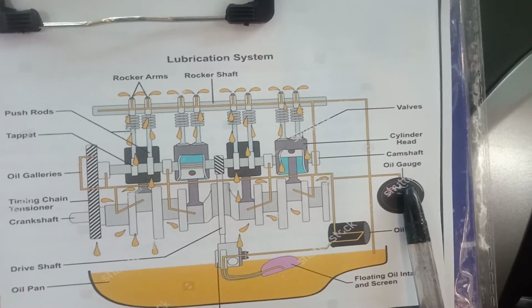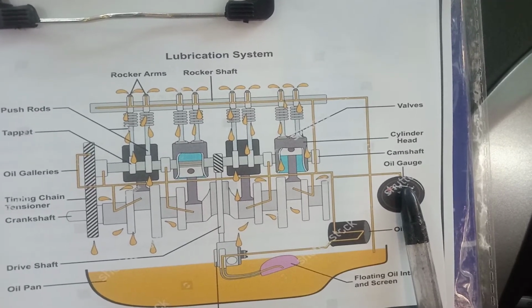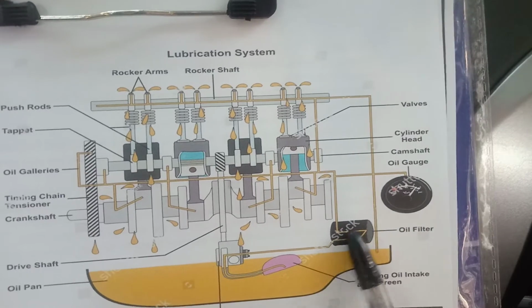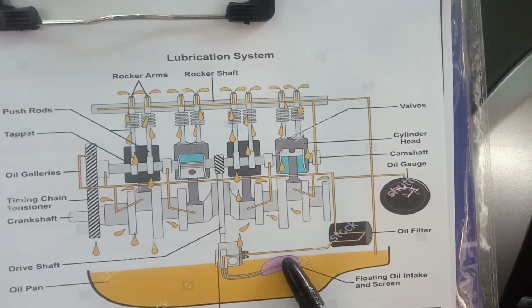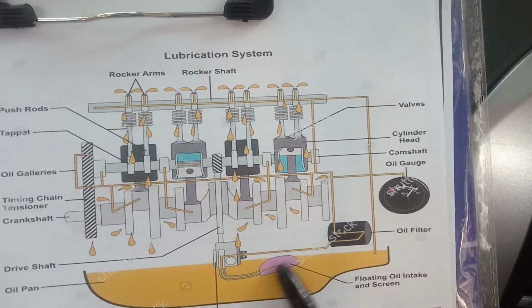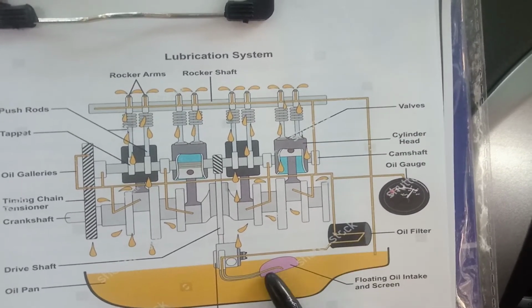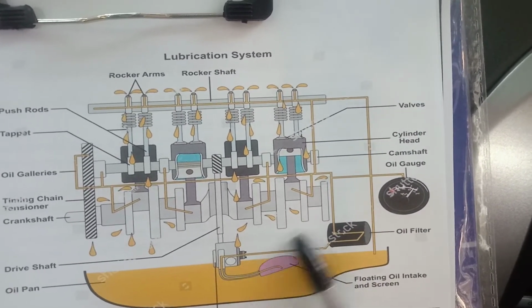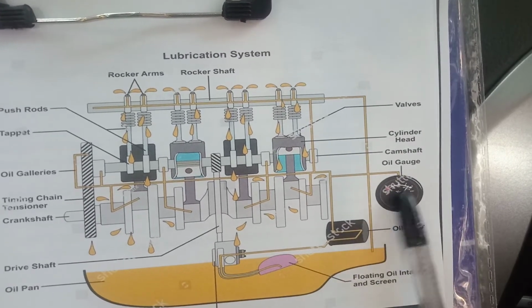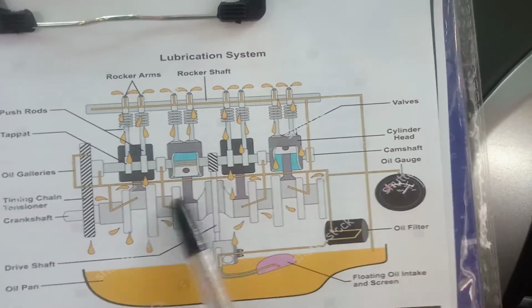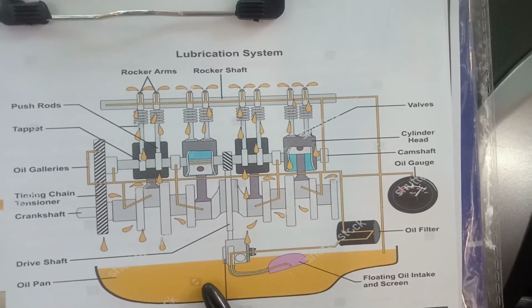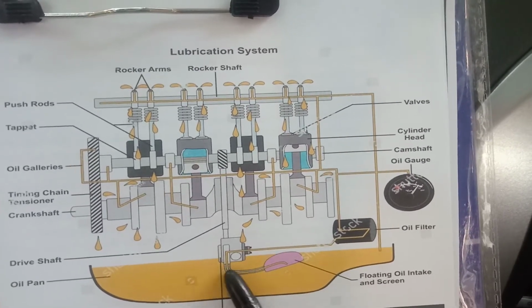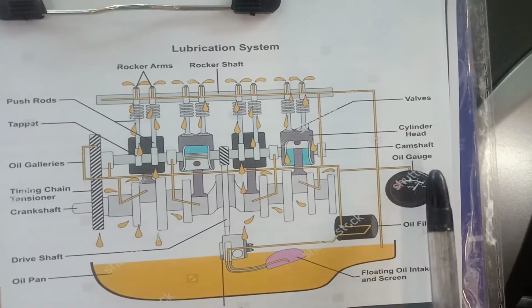In that case, the driver of the vehicle should understand that either the oil filter or the strainer is choked. Then the driver should immediately stop the engine, check these two components, clean or replace them, and only after reaching the recommended pressure should the engine run properly again. So this is very important.